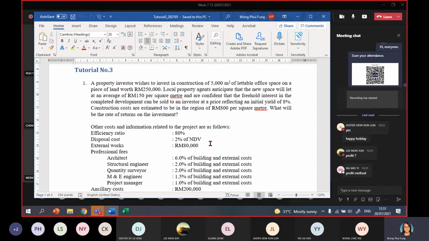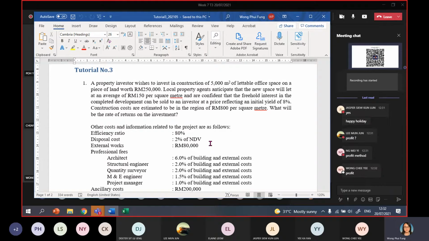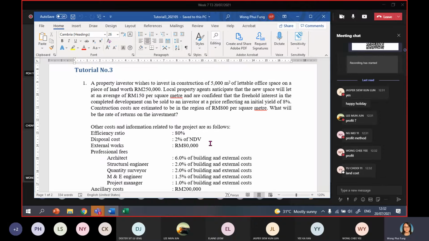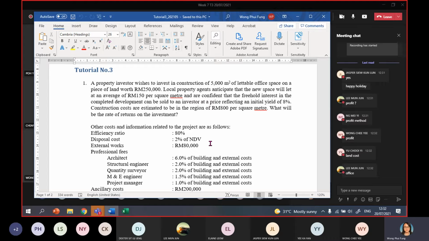Okay, Manjun says profit method, Mei Yi also says profit method. Manjun and Mei Yi, can you tell us, what are the hints? In what way are you so sure that it is a profit method?